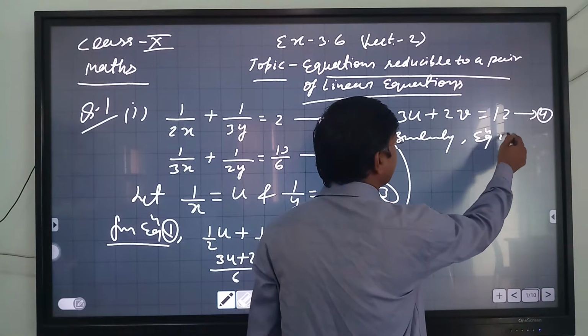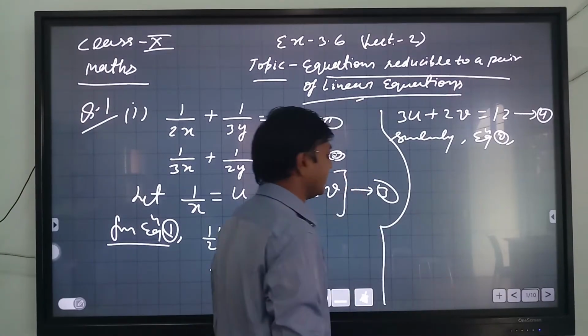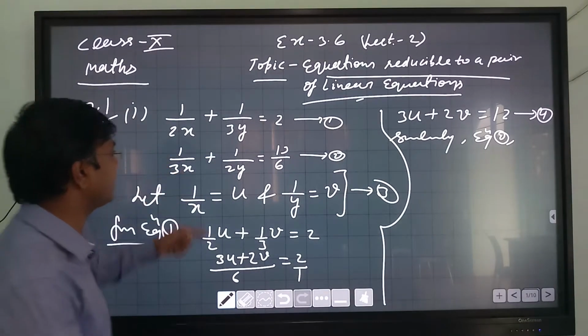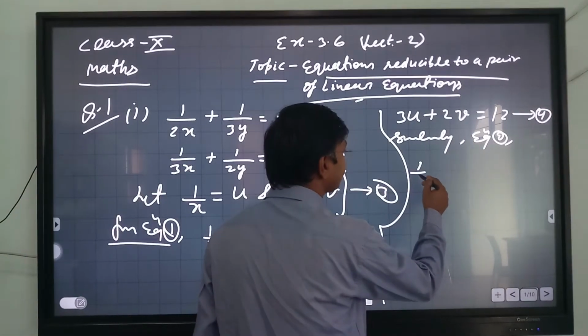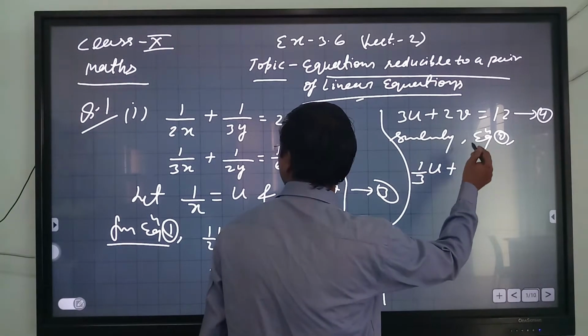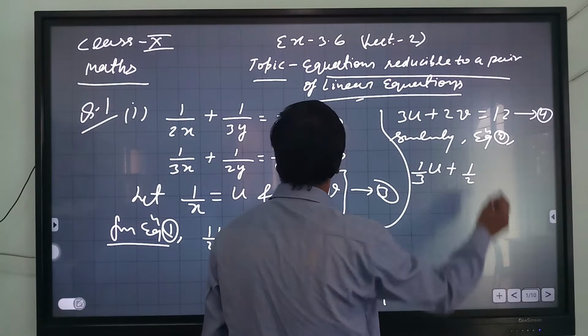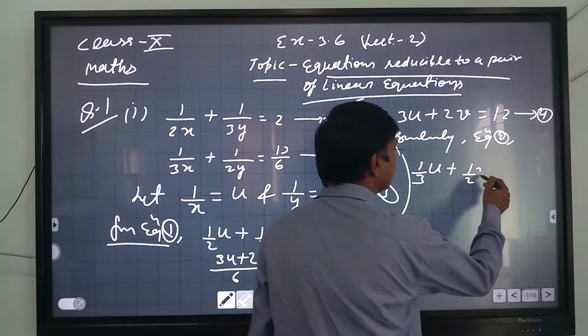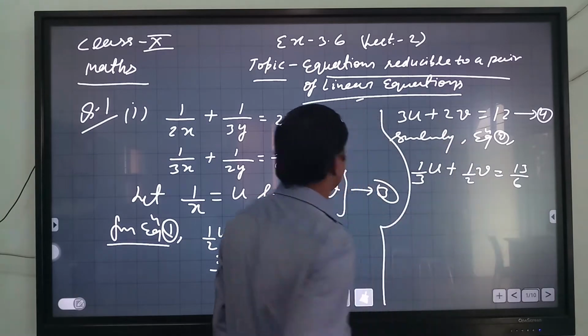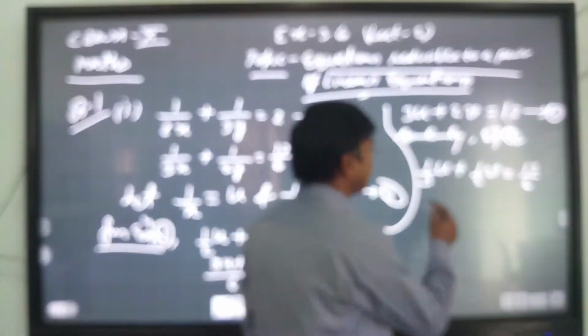Now similarly, from equation second, this can also be expressed in a pair of linear equation form, that is 1 by 3x. So 1 by x is replaced by u plus 1 by 2 into 1 upon y, that is v, equals 13 by 6. Now again take the LCM.